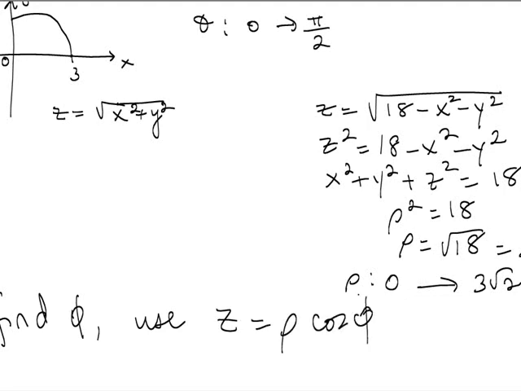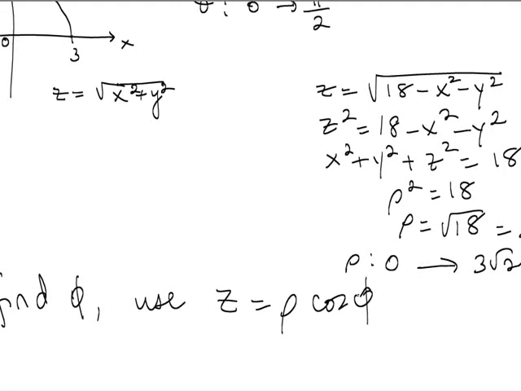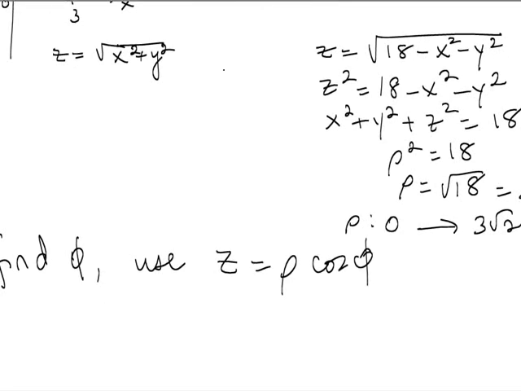I gave you that. Good? We have rho, which is 3 square root 2, but we do not have z. So if you look at the question again, we need to take these two z's and solve them simultaneously.